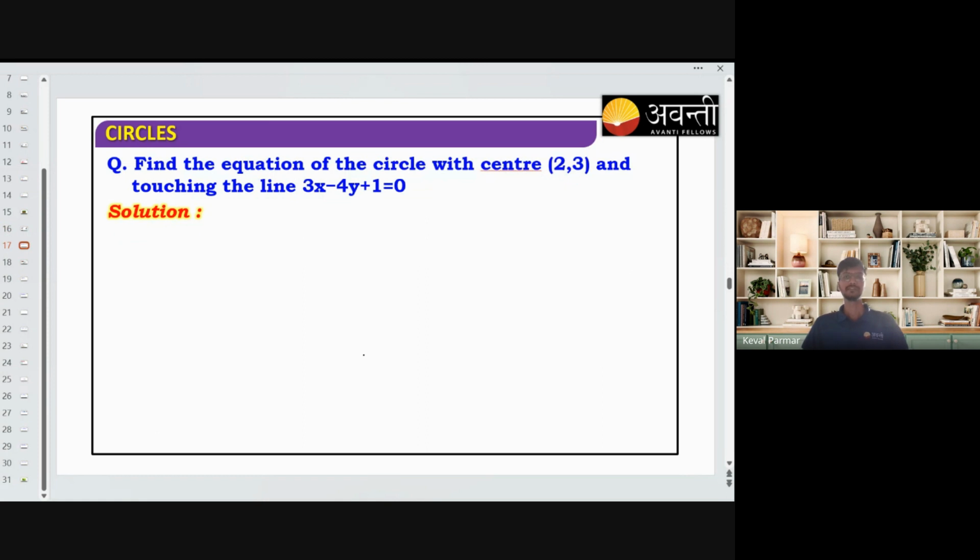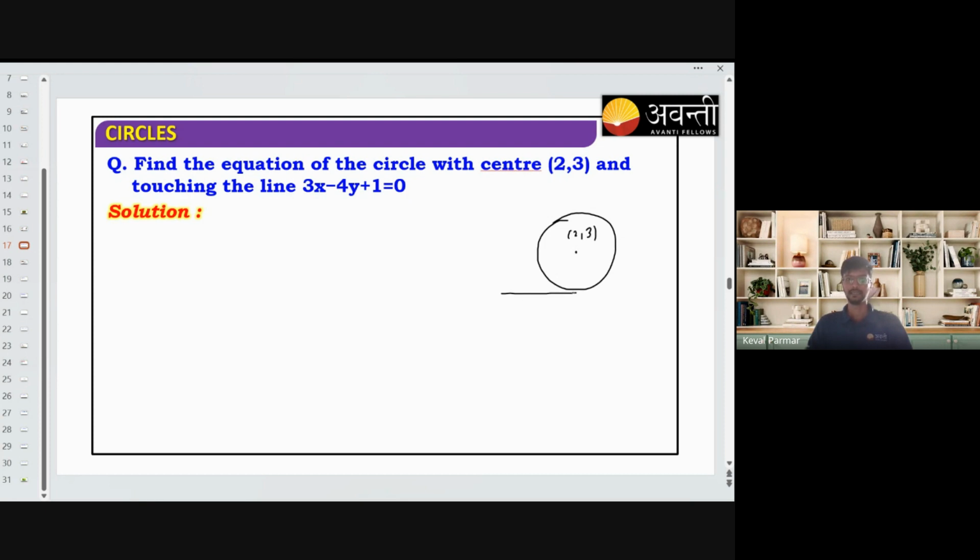Find the equation of circle with center at 2 comma 3 and touching the line 3x minus 4y plus 1 equals 0. So let us try to draw the diagram here, right? The center of the circle, so this is a circle. This will be the center, 2 comma 3.